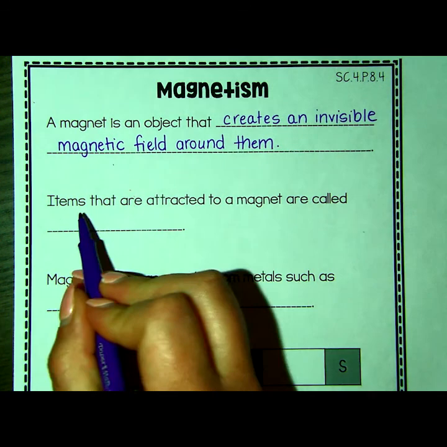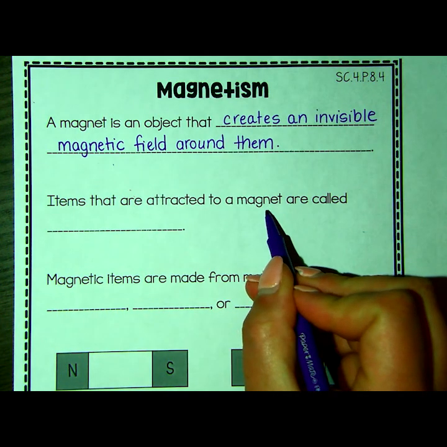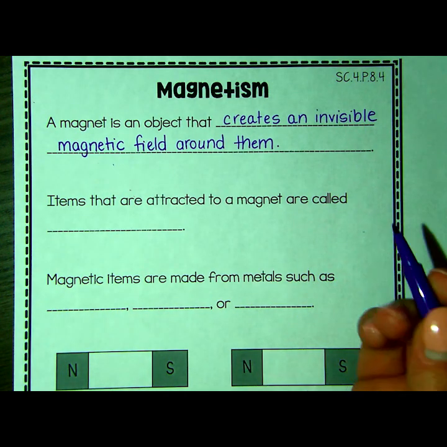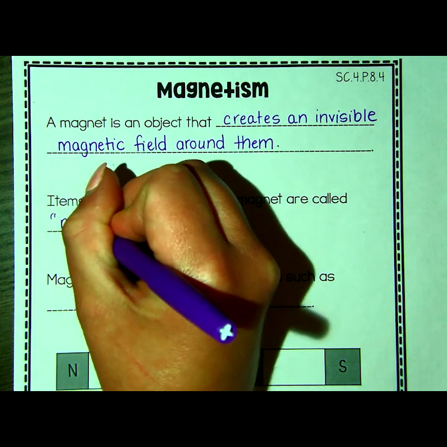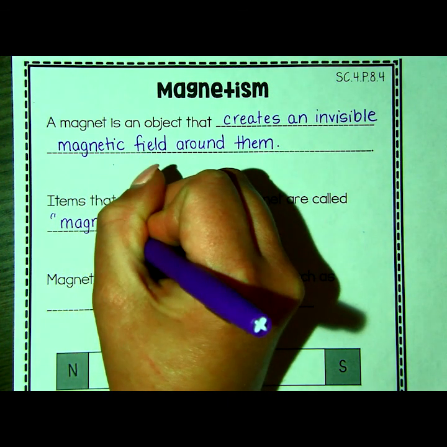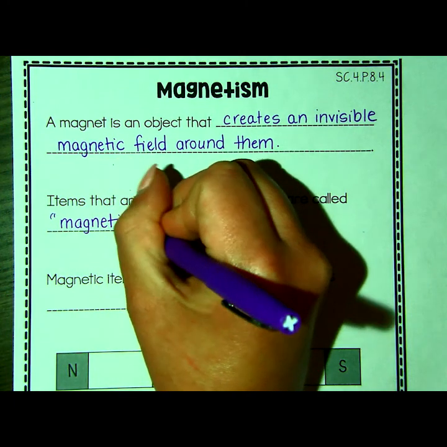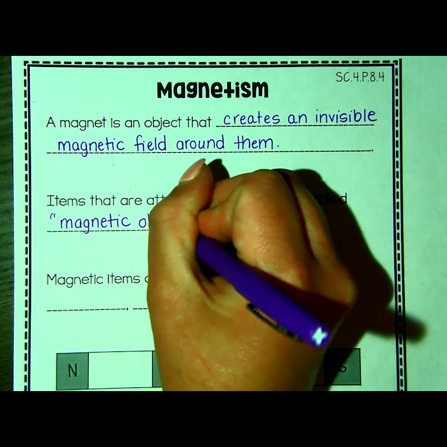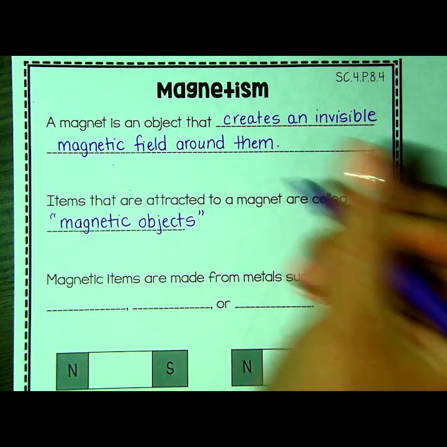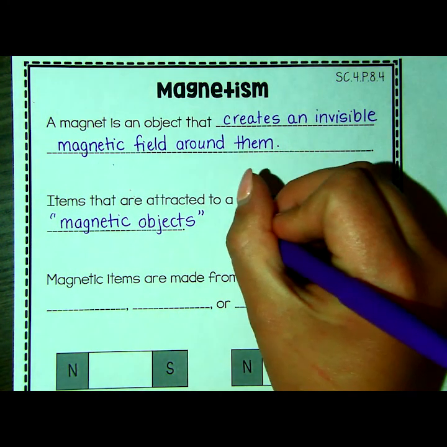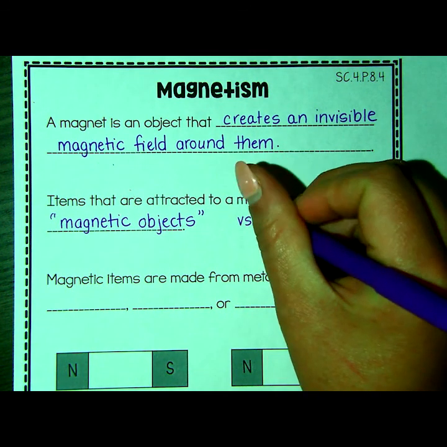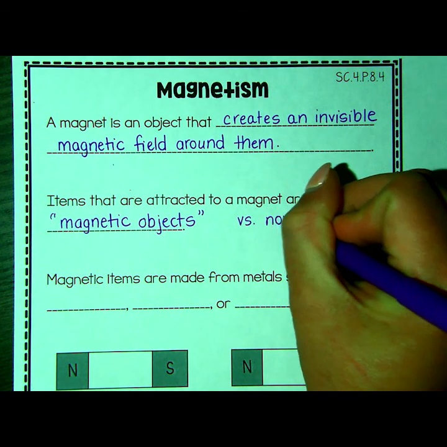He told us that items that are attracted to a magnet are called, and this seems kind of obvious, but they're referred to as magnetic. So that's the actual term that we use, magnetic objects. And then he also gave the example of non-magnetic objects.